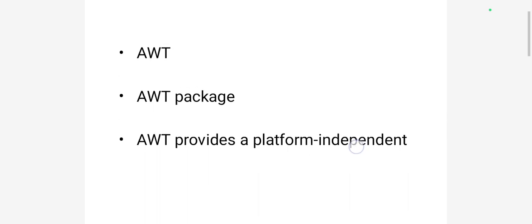The next point is AWT. Here we will cover AWT packages, and AWT provides a platform independent interface. AWT stands for Abstract Window Toolkit. AWT is a collection of classes, interfaces, and their methods. The AWT package contains a large number of classes which help to include various graphical components in Java programming. We will see later.